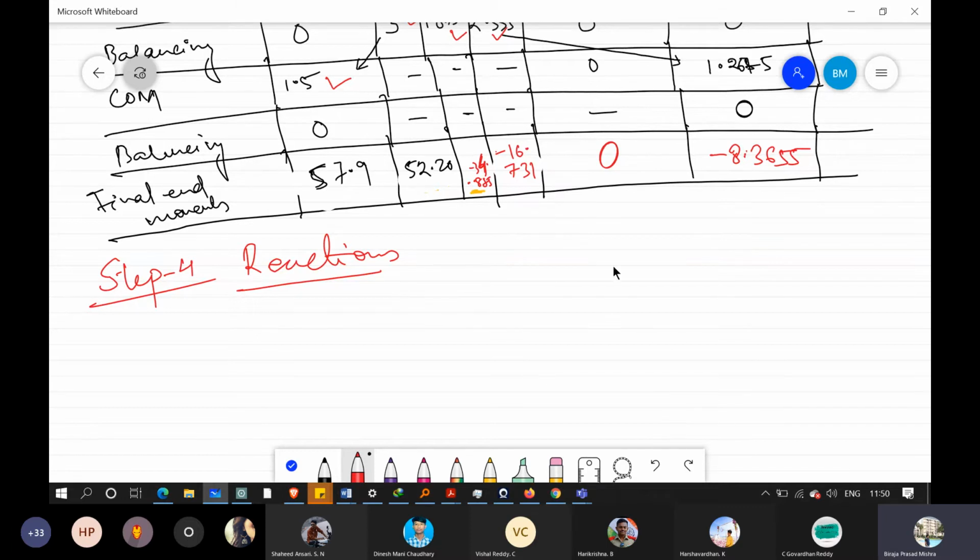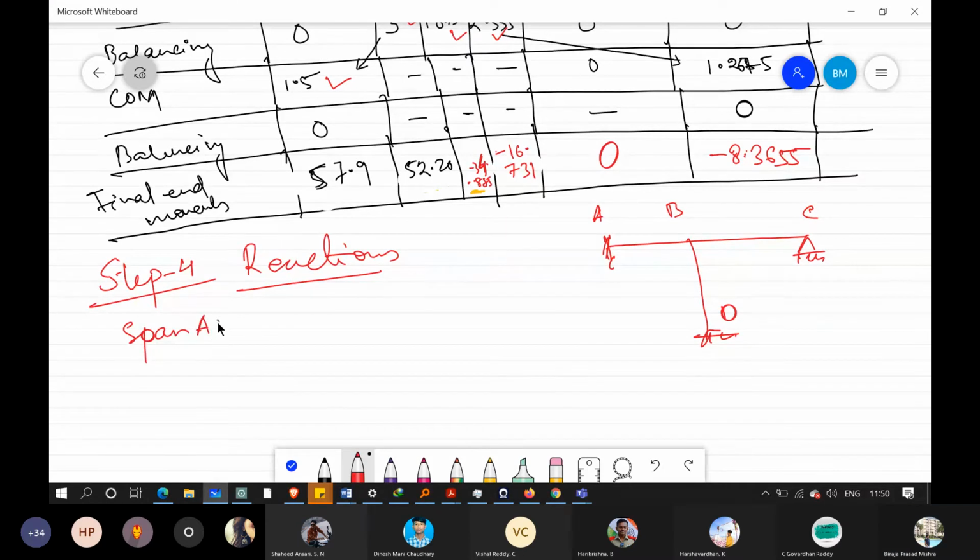This is the structure again. I'm just drawing a rough diagram for visualizing. So this is A, this is B, this is C, this is D. Let us take span AB. If we draw the free body diagram for this one, this is A, this is B. One support reaction will be here.